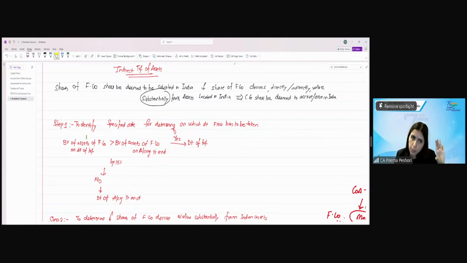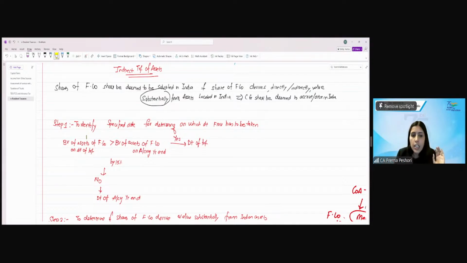So you compare the book value of all the assets of company B as on the date of transfer, and see whether they exceed by 15% the book value of the assets of company B as on the accounting year end date. If the answer is yes, you take the FMV as on the date of transfer. If the answer is no, you take the FMV as on the date of the accounting year end.